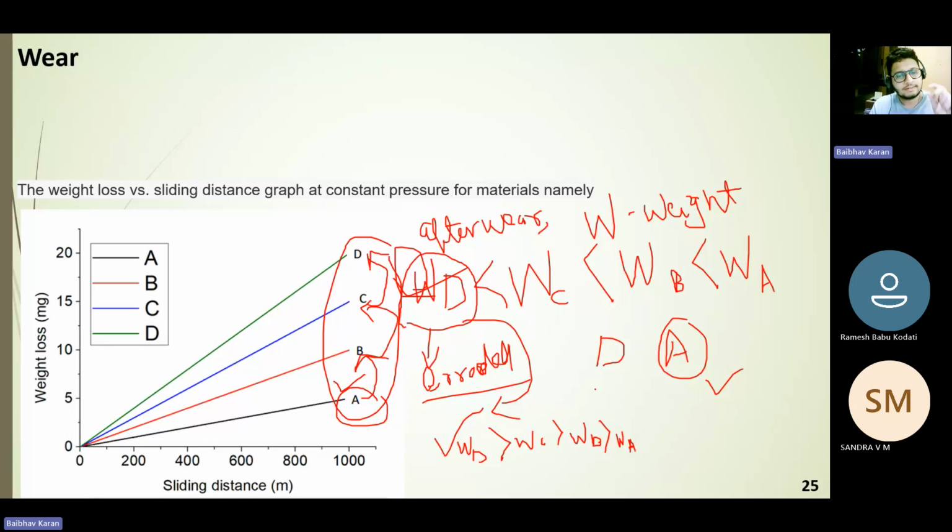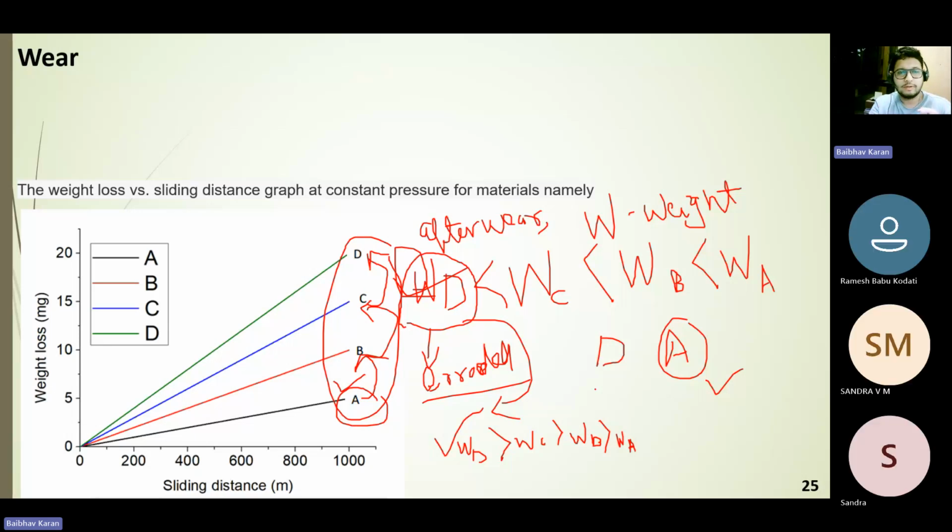A harder material will be difficult to wear, and a softer material will be easy to wear if we apply friction to both. So the harder material has good wear resistance. So the weight loss depends on the strength or hardness of the material.